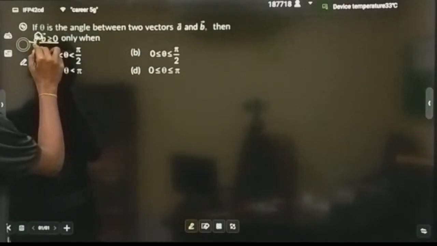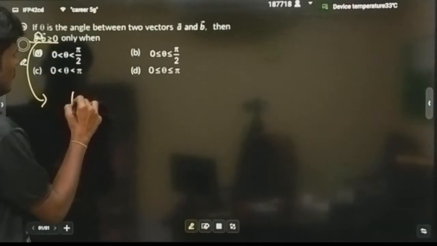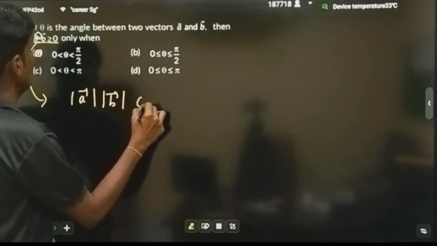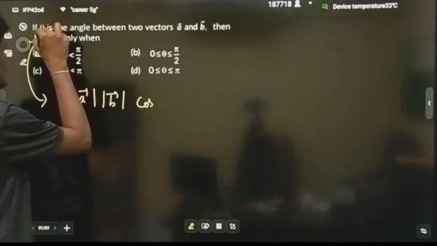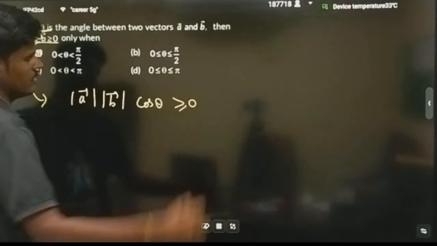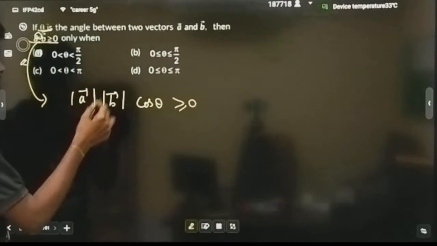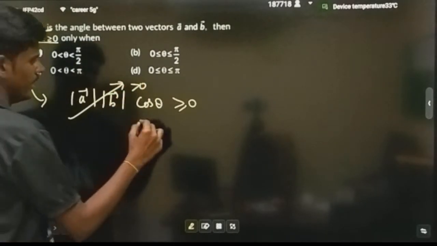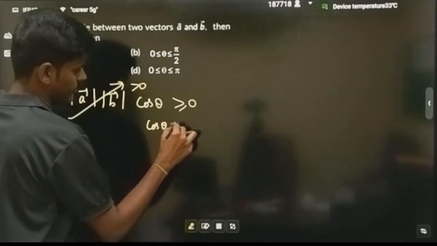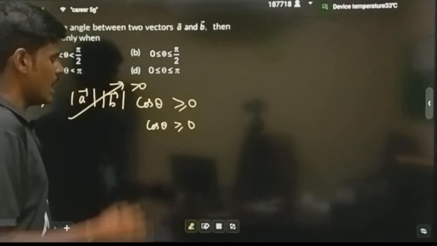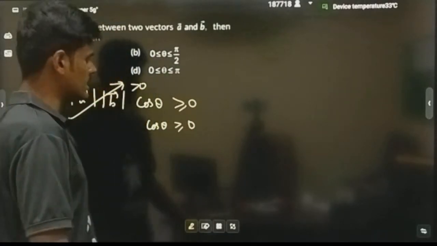That means, from this we can write modulus A, modulus B vector and cos of angle theta, which is greater than or equal to 0. Yes or no? Obviously these two are greater than 0. This is always greater than 0. That means cos theta is greater than or equal to 0. Yes or no?